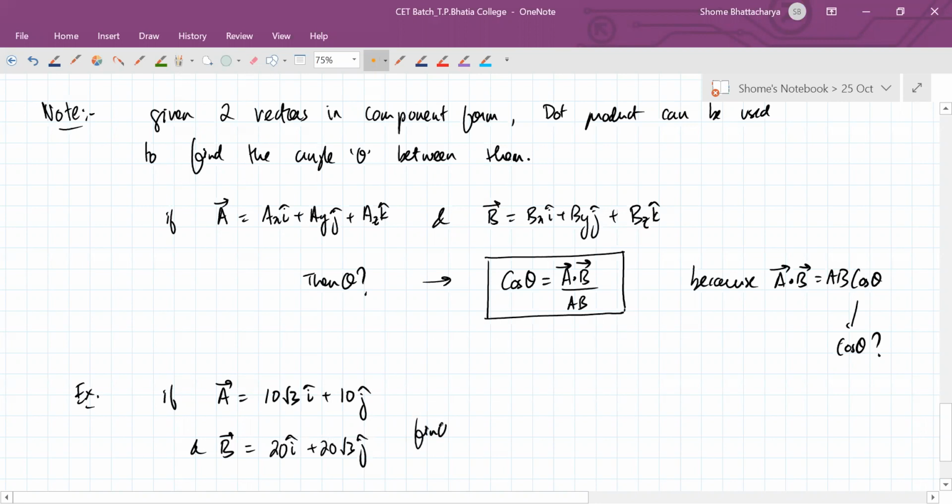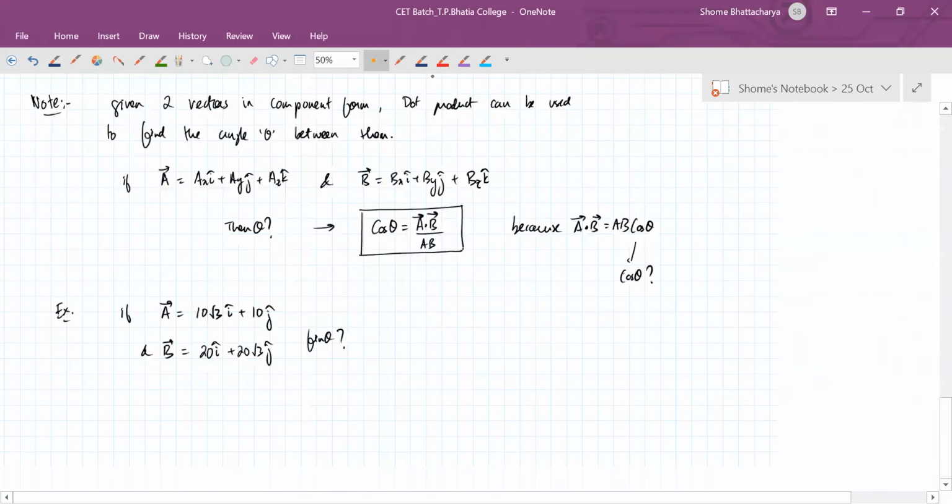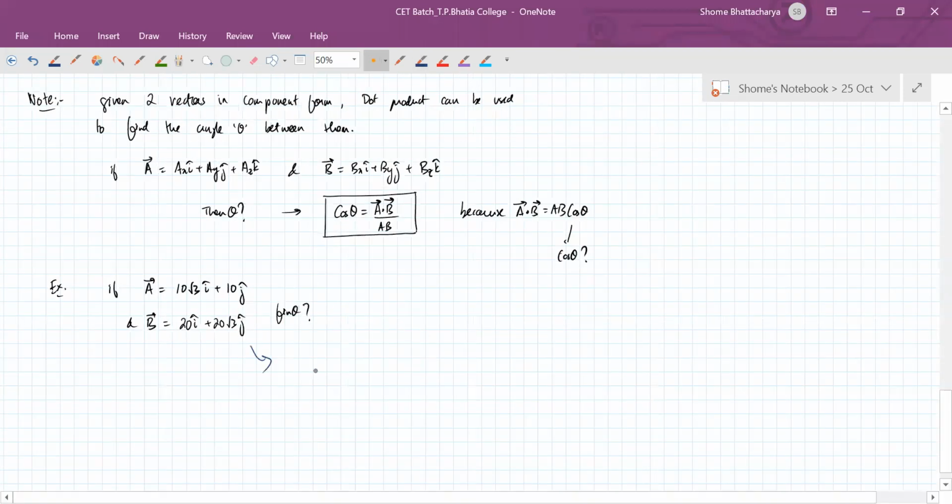We want to find theta. So you can just use this above concept and solve this problem this way. A dot B, you can see, is 10 root 3 into 20 plus 10 into 20 root 3. So it is 200 root 3 plus 200 root 3, so it's 400 root 3.